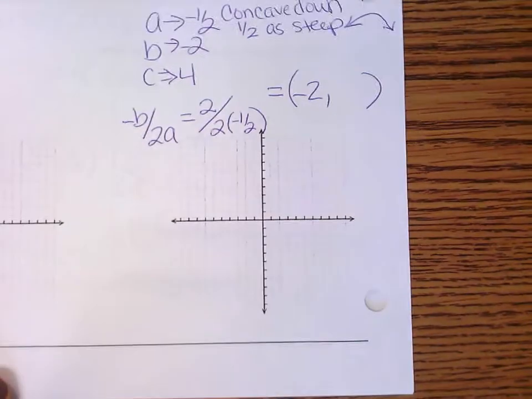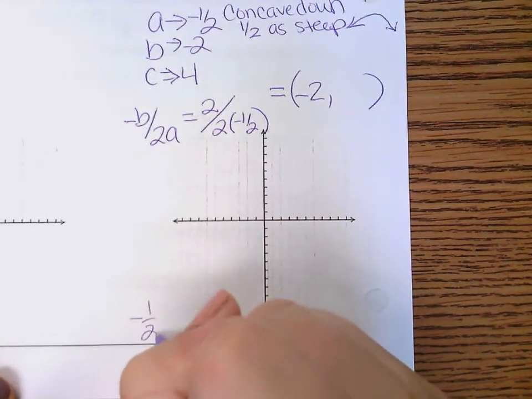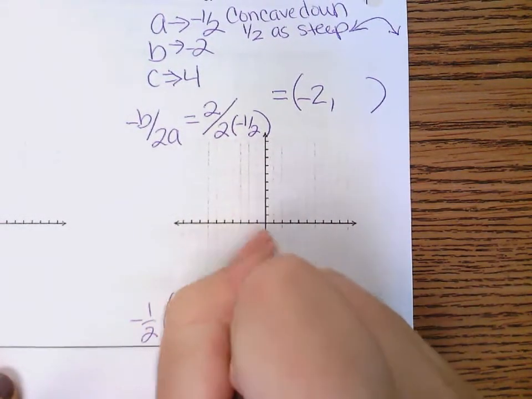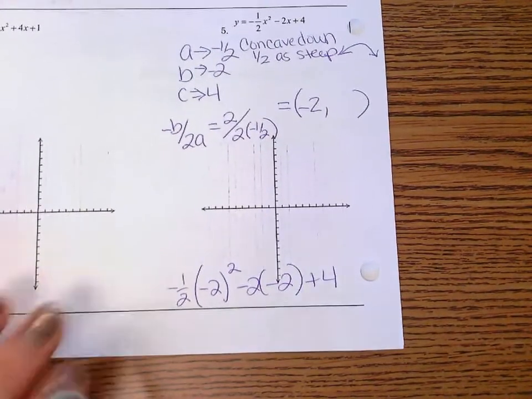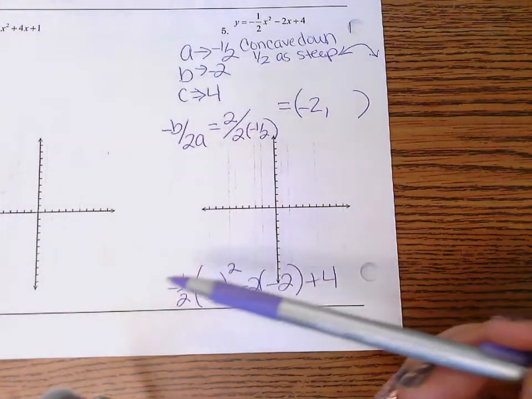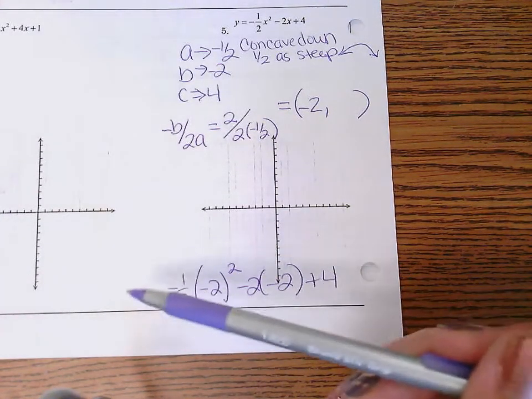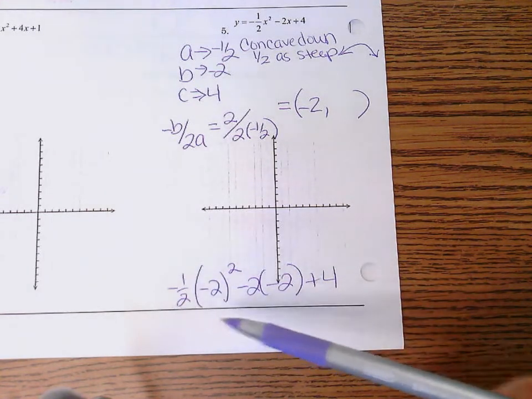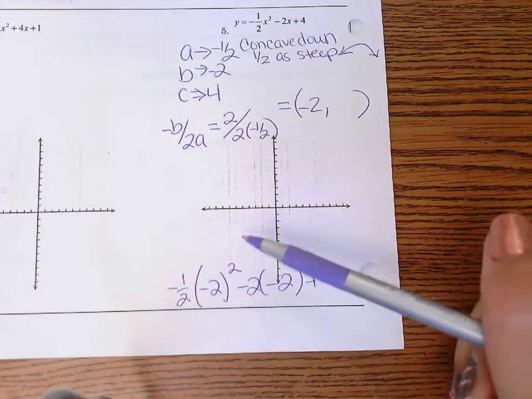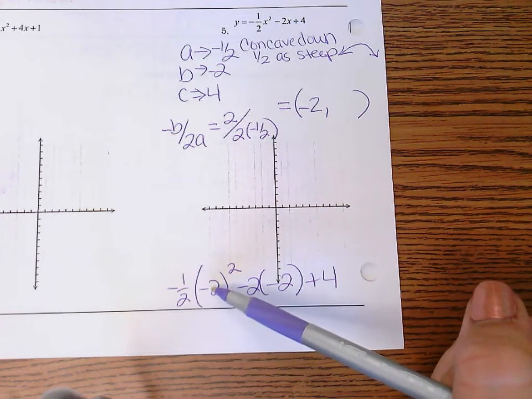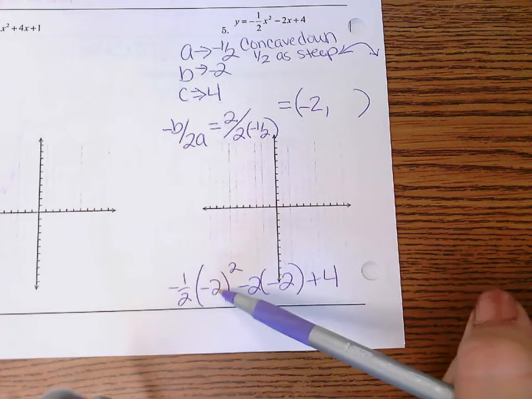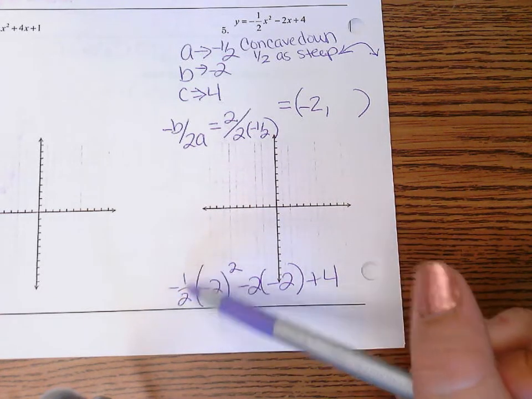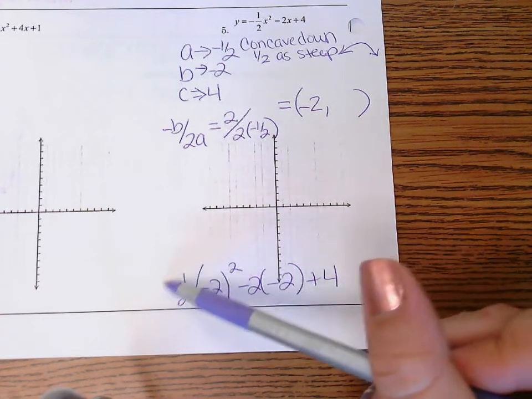So let's see, it's -1/2 times -2 squared minus 2 times -2 plus 4. So you could do that on your calculator to find the y value, or you could try doing it in your head. Order of operations, -2 squared would give you +4, times -1/2 would give you -2.